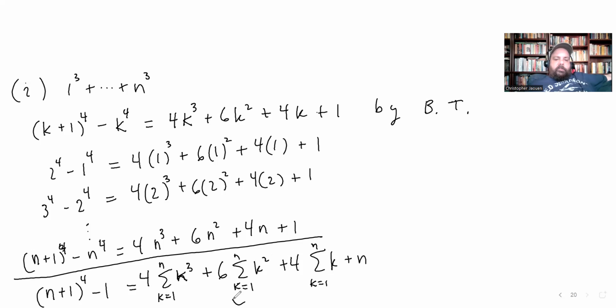And we know a formula for this by things we've already done. So you could solve for the sum of k cubed by bringing everything to the left-hand side. And so that gives you a formula in terms of n for the sum of the first n cubes.